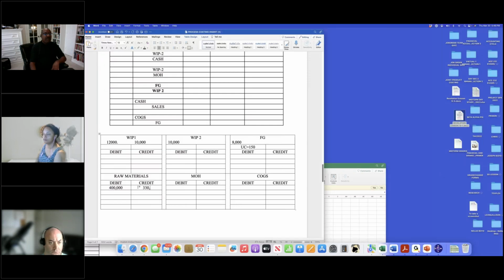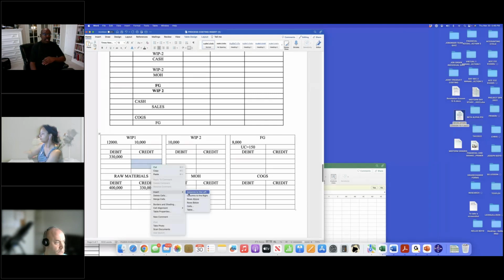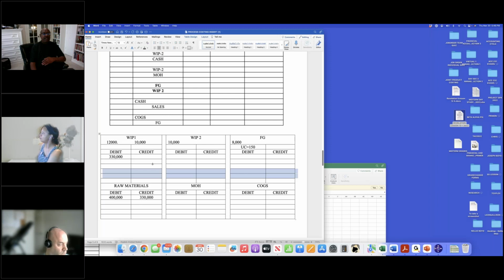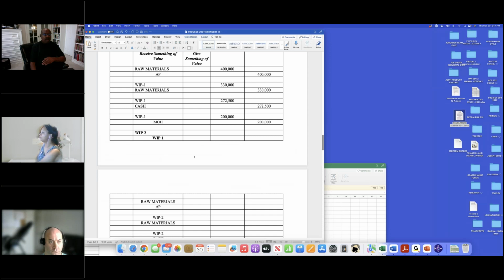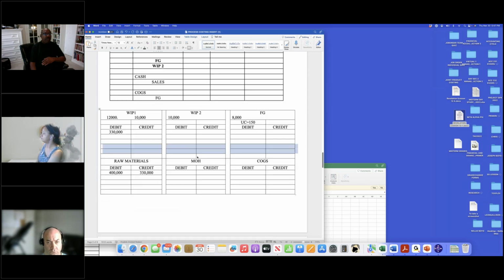So we're putting that in work in process one, 330. And then we're going to get the labor 272,500 and the overhead 200,000.